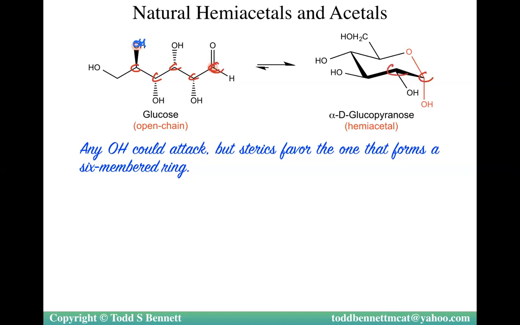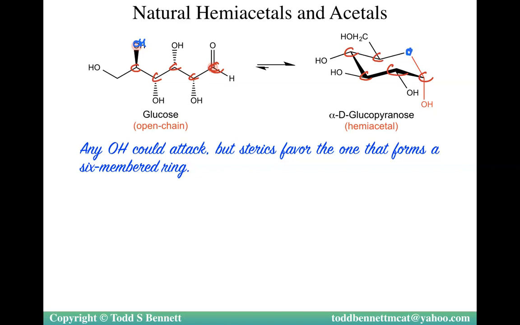Carbon 2, check. Carbon 3, check. Carbon 4, check. Carbon 5, check. And then the O we added in right here is that O right there. So I'm going to perhaps put that in blue.